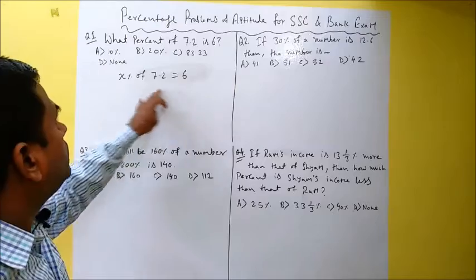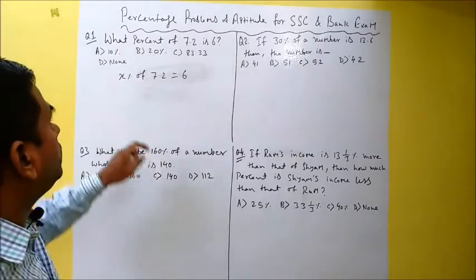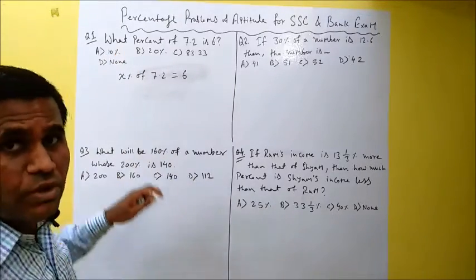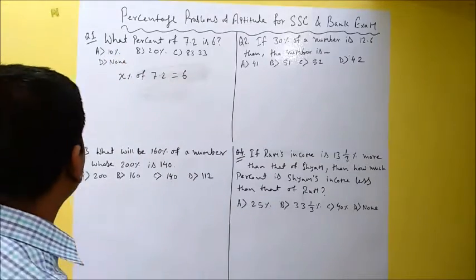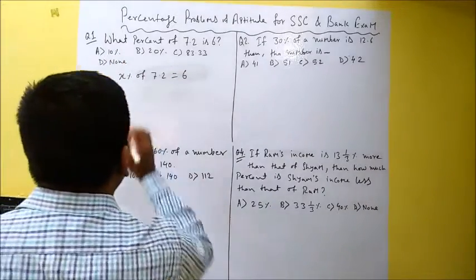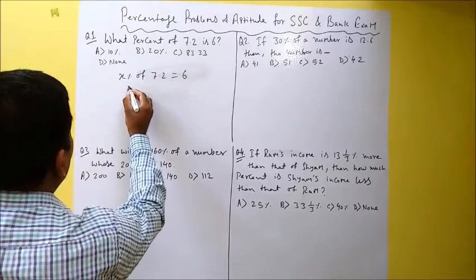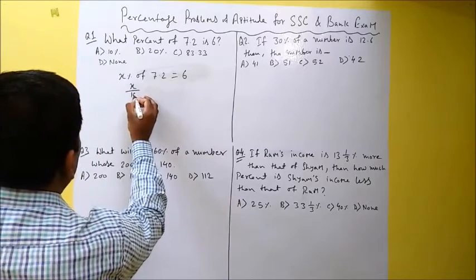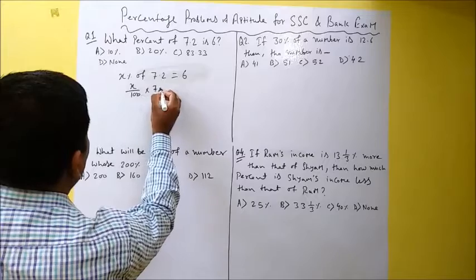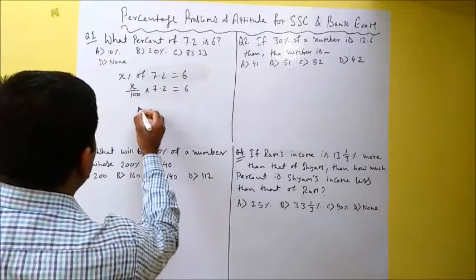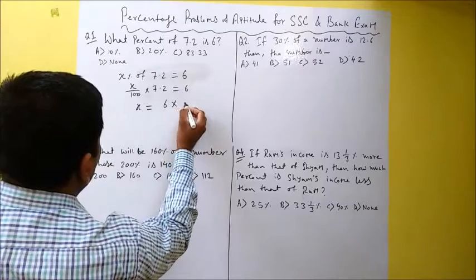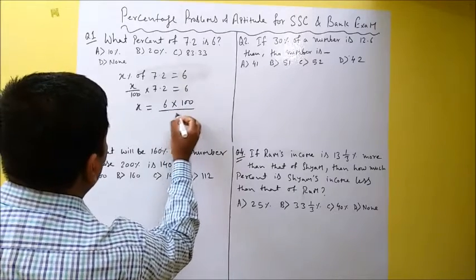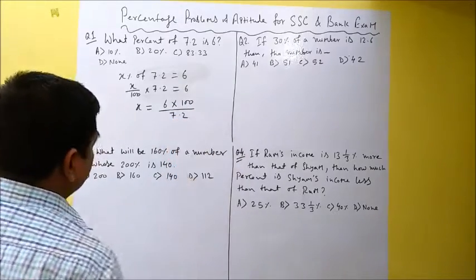Upon solving this equation, we will get the value of x, and when you get the value of x, you have to see whether it comes in option A, B, C or D. So let us solve this. We can write x upon 100 into 7.2 is equal to 6. This becomes x is equal to 6 into 100 upon 7.2.